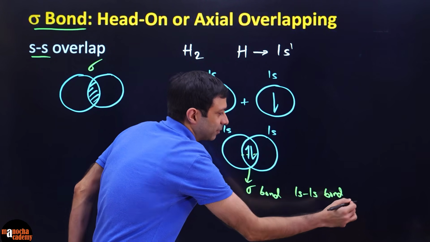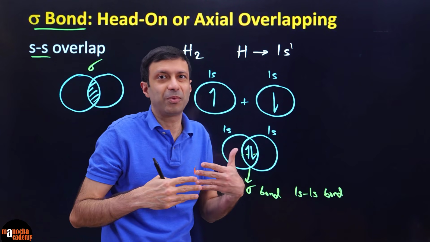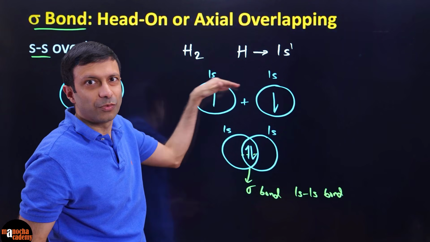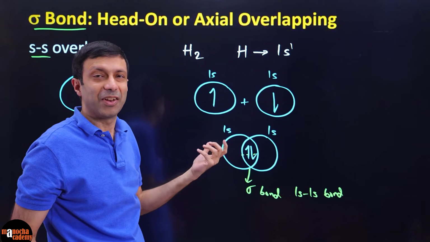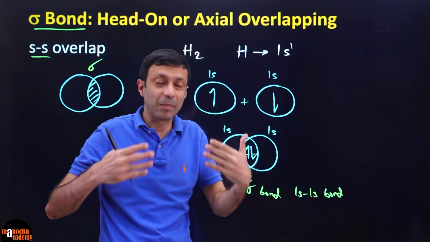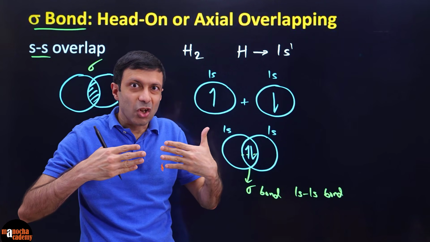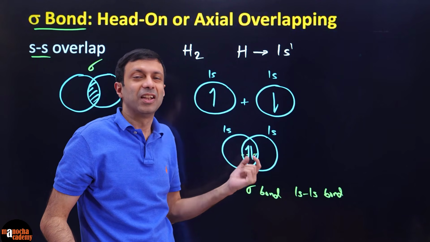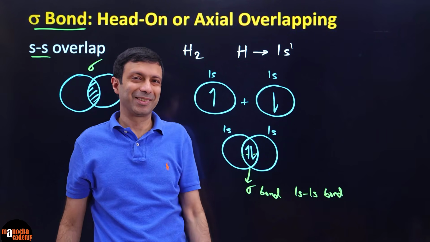And since it is a head-on overlap, or axial overlapping along the axis of the two nuclei, we clearly have a sigma bond. And a sigma bond is strong. There can be a lot of overlap, because the greater the overlap between the atoms, the stronger the bond.